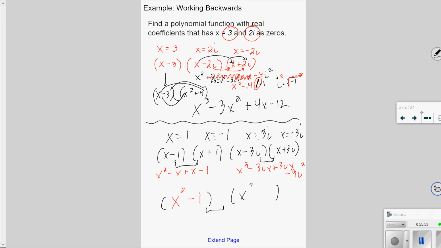Second one should be x squared plus 9, because you got a minus i squared. So it should be plus 9. And then final answer, x to the 4th plus 8x squared after you simplify, minus 9.